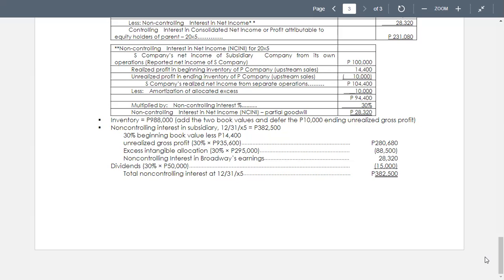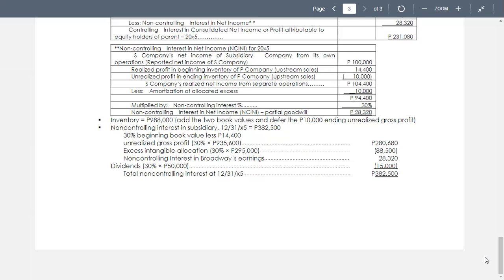Okay, we now go to number 12, computing for the consolidated cost of sales. The combined cost of sales is given at 160,000, adding 90,000 and 70,000.